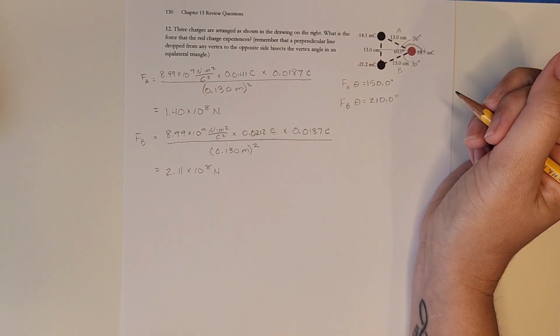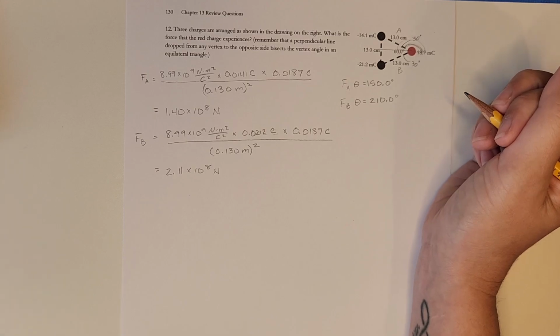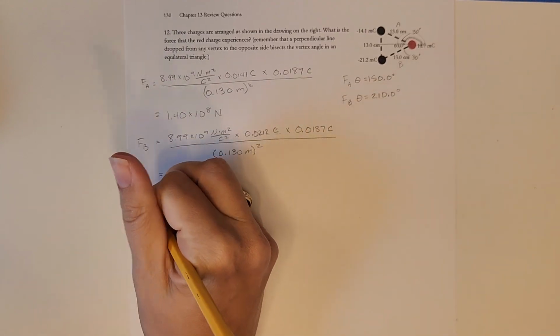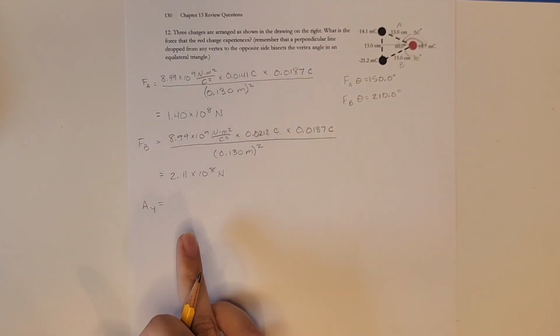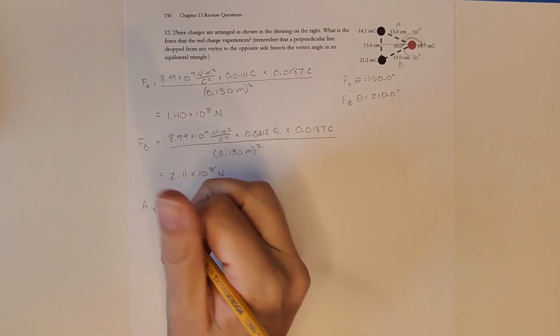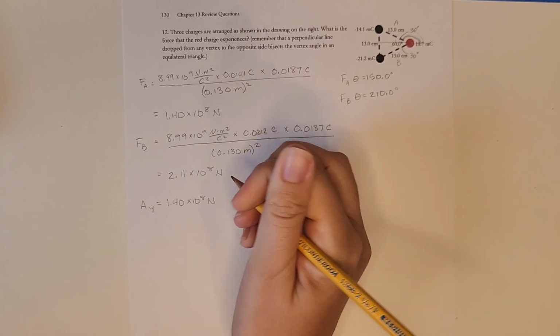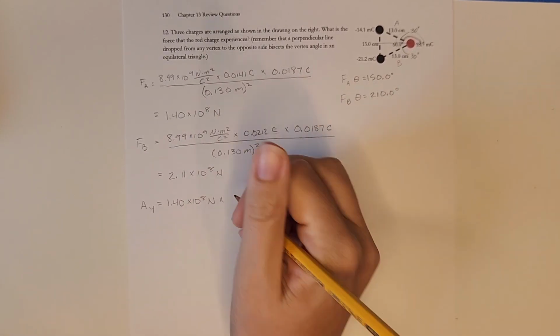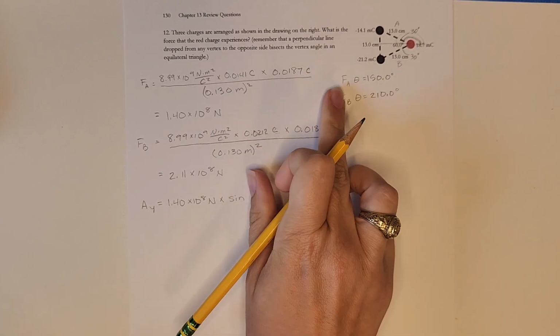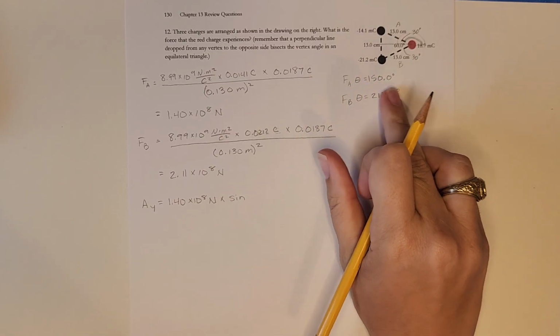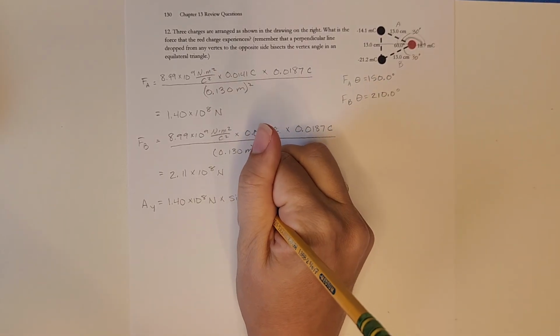So now that we have those, we can get our X and Y components for each of these forces, okay? So let's start with Y. Our AY, we have our force here, 1.40 times 10 to the 8th newtons. And for our Y component, we use sine, and our theta is, I have it right, okay, 150 degrees.